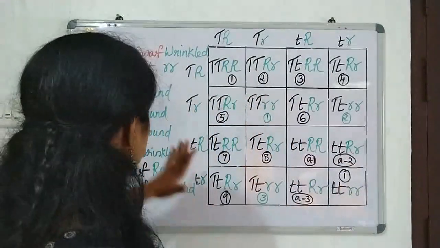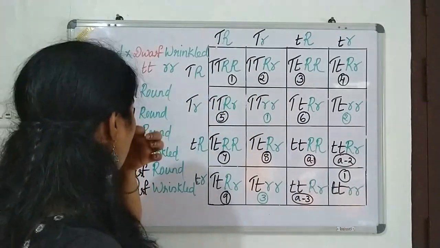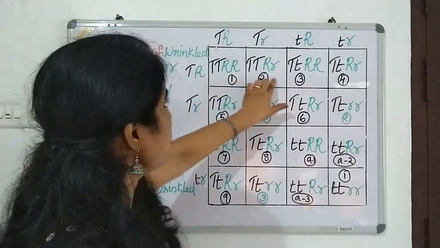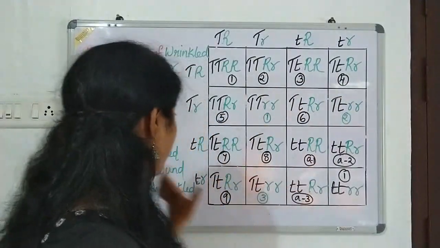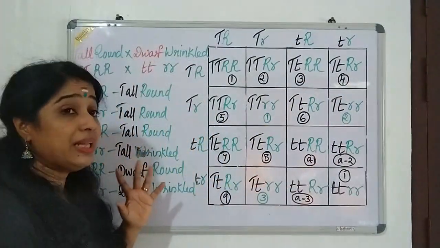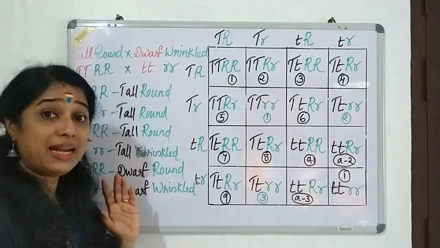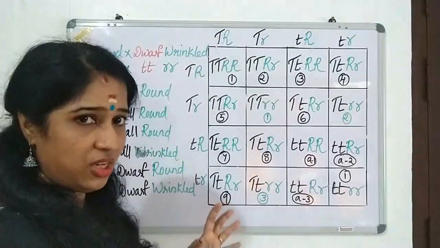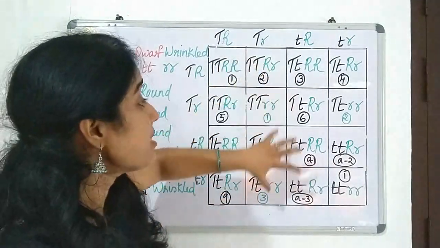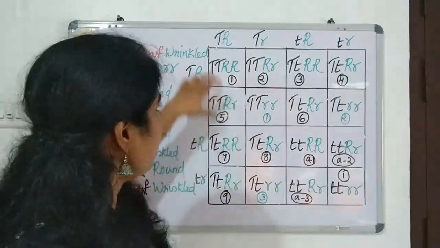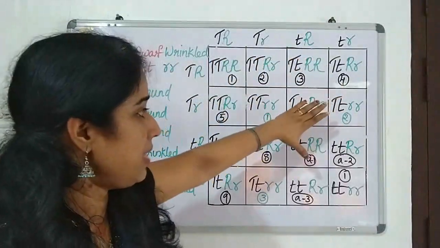So, just observe tall, round. How many have you got tall, round? 1, 2, 3, 4, 5, 6, 7, 8, 9. Among the seeds produced, a ratio is coming, then you will understand it better. Among this, totally how many? 4, 8, 12, 16.